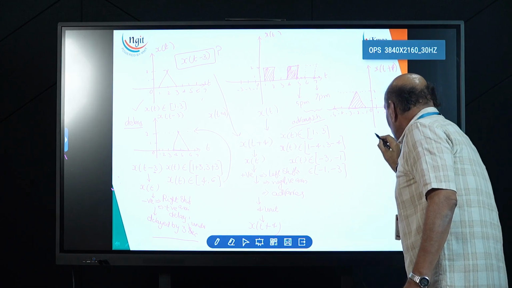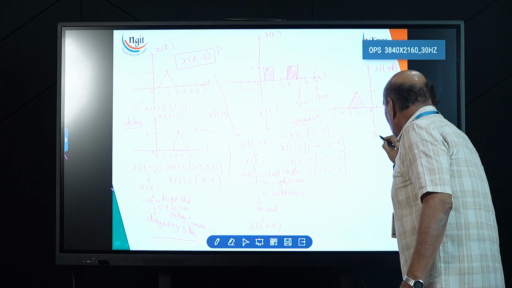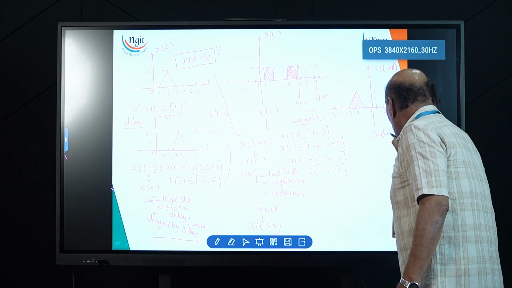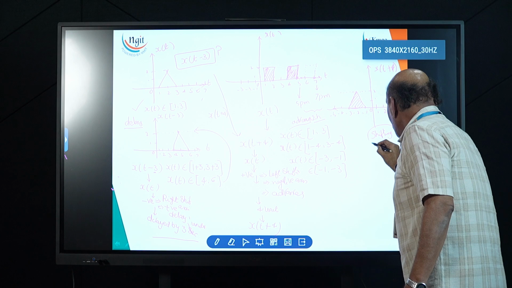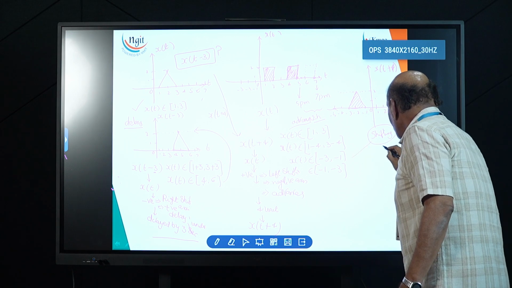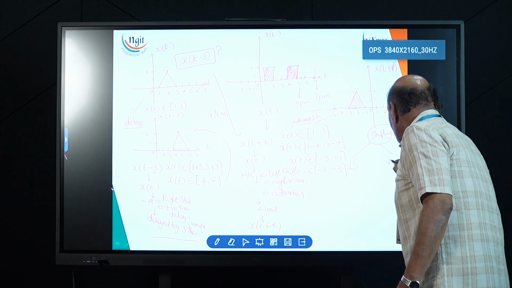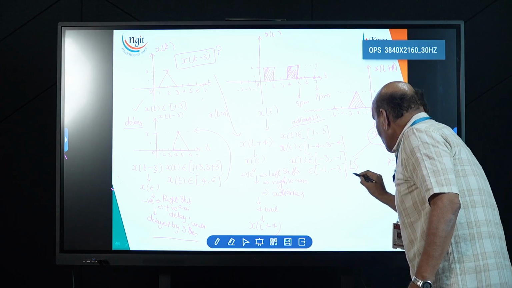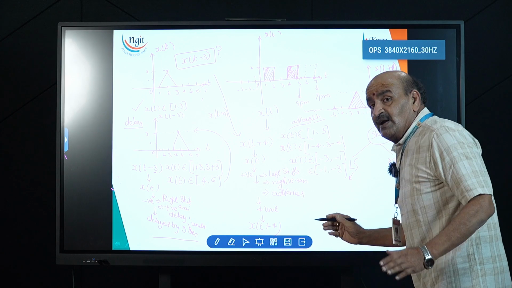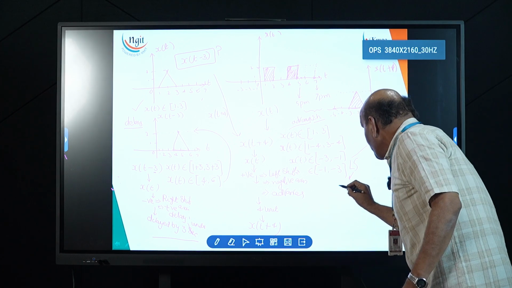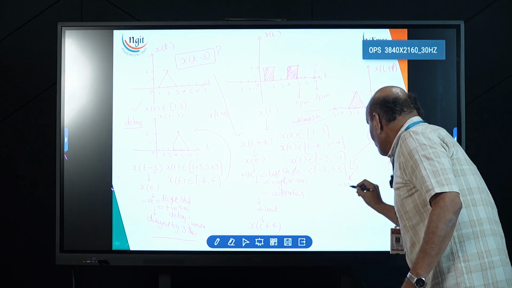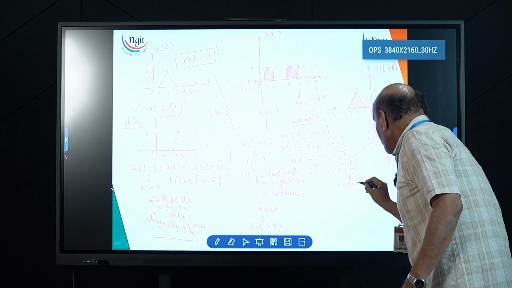For example, now based on these two examples, we have to make an analysis. This is towards left shifting. This is towards right shifting. Left shifting means what? Moving towards negative axis.